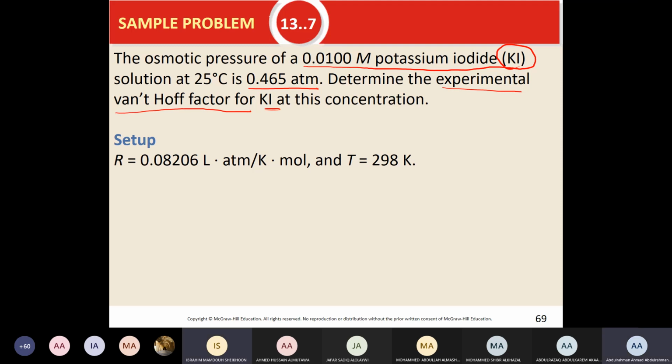What are you going to do? The equation that I'm going to use is pi equals iMRT. And before I even start the problem, what is required in this question? What am I going to look for?